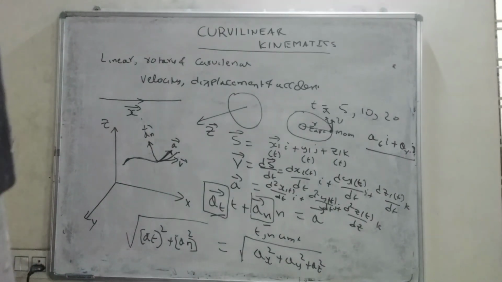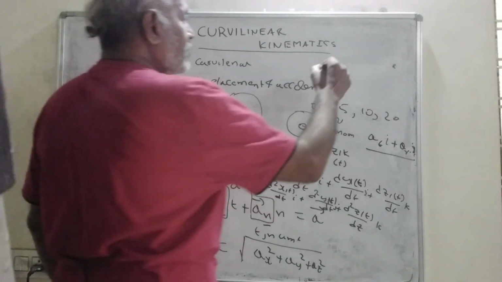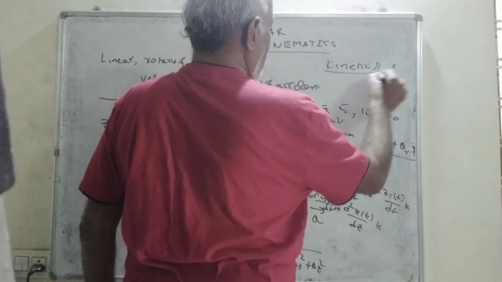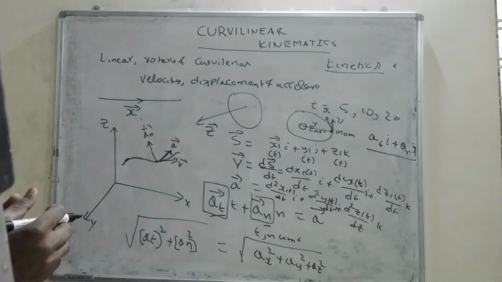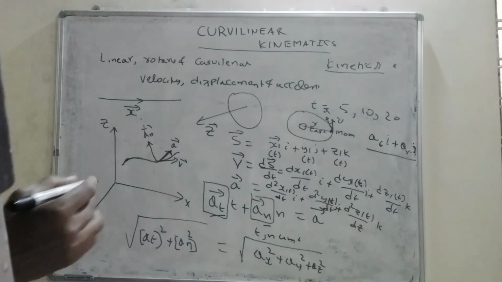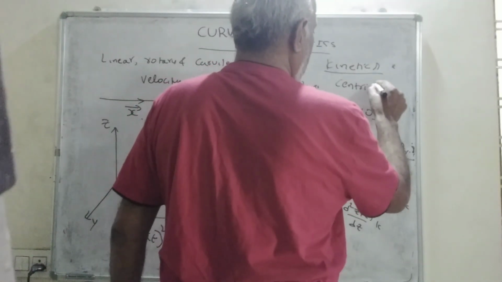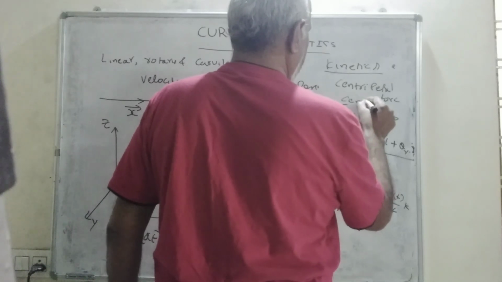Now, why we are trying to determine this acceleration is in kinetics. If you understand the kinetics part of this particular exercise, you are trying to determine centripetal force and centrifugal force.